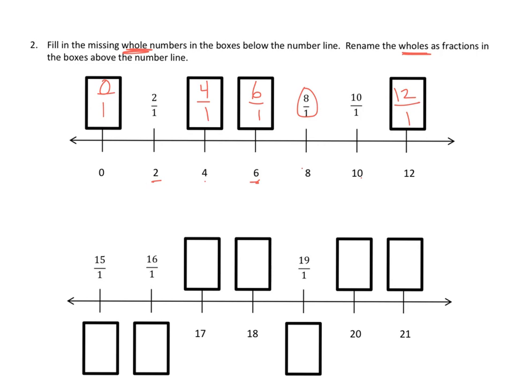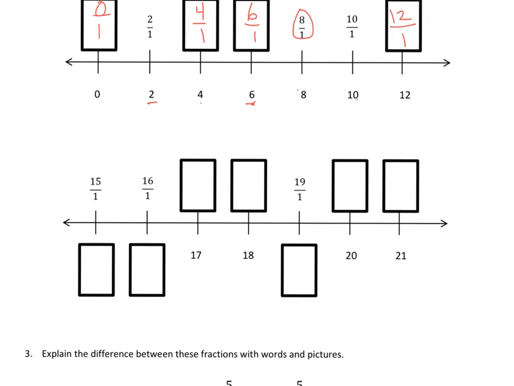And so on as you get down into these fractions down below. 15 over 1 means 15. 16 over 1 is 16. 17, how do I turn it into a fraction? Well, we're showing it's 17 wholes. So 17 copies of one whole.